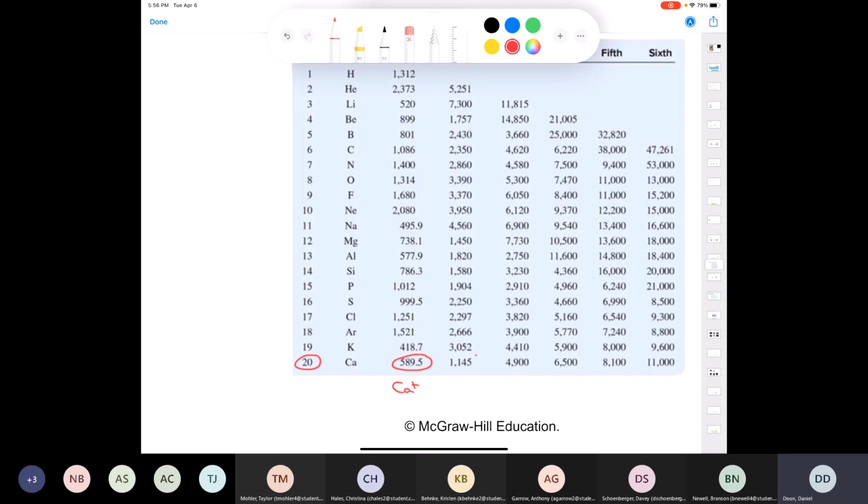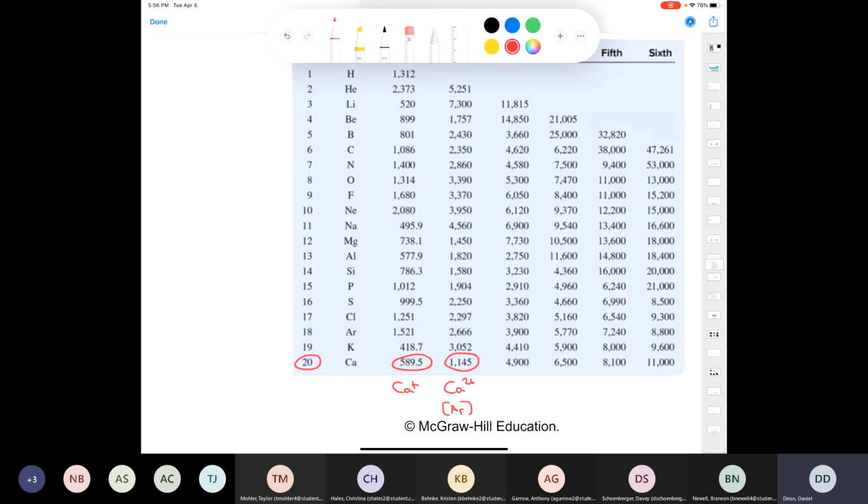So if you remove the second electron, is it going to take more energy? Yes, right? Because now the electrons are held even more tightly. So now we've got a calcium 2 plus, and calcium 2 plus is isoelectronic with argon, isn't it? Now it's got a noble gas configuration.